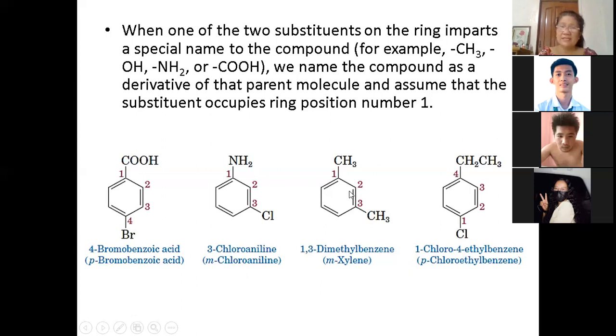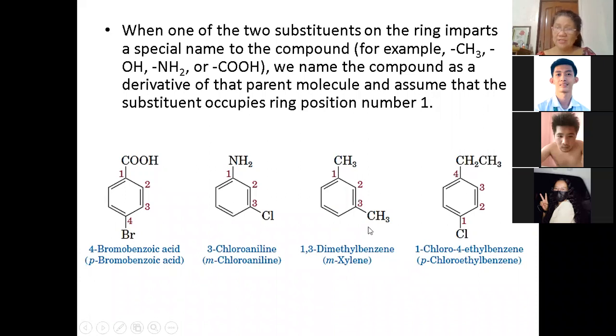Is this toluene? Okay? Because there are 2 methyl groups and they are in the meta position, you can have here 1,3-dimethylbenzene.